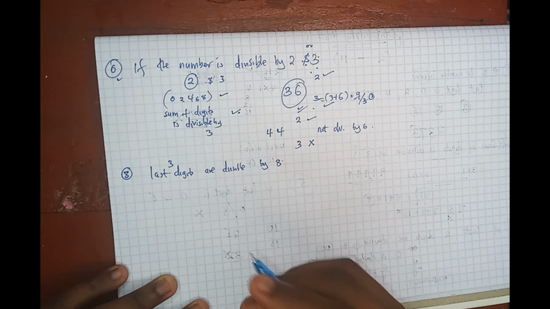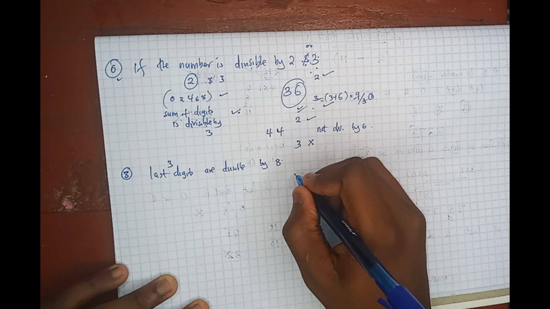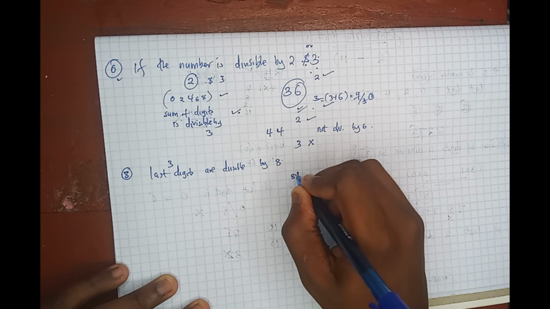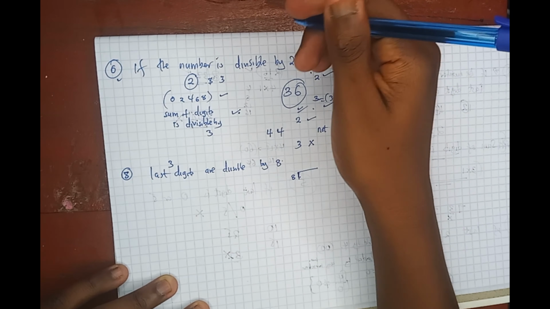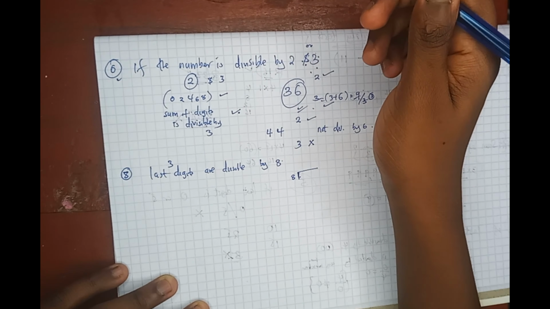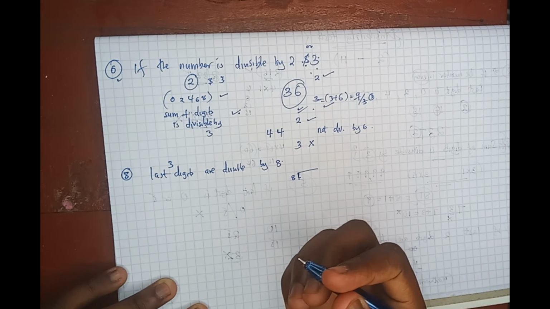So basically you just divide the last 3 digits by 8 so that you can actually know. Like 2 and 4 make 8. So basically you have to divide the last 3 numbers.